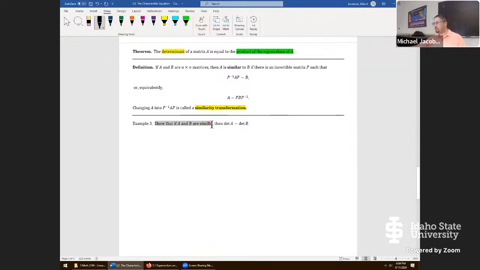Reading a question like this, you'd first look at this part. Show that if A and B are similar, from right here, we should just write down exactly what it means for A and B to be similar. Let's say, since A is similar to B, we have A equals, I'll go with this equation right here, P times B times P inverse.